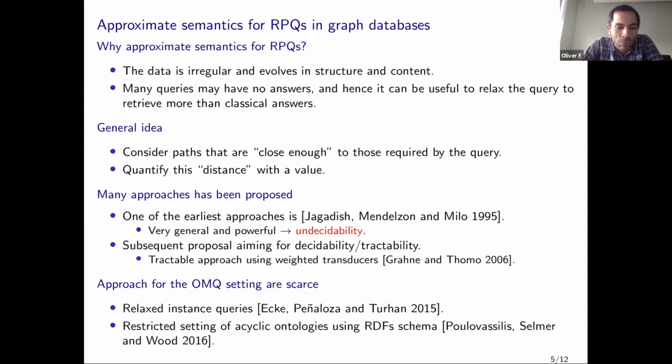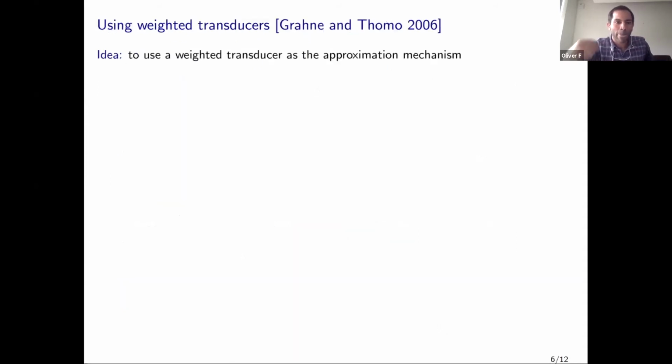And another one actually uses regular path queries, but is restricted to a very simple setting where only acyclic ontologies using RDF Schema are used.